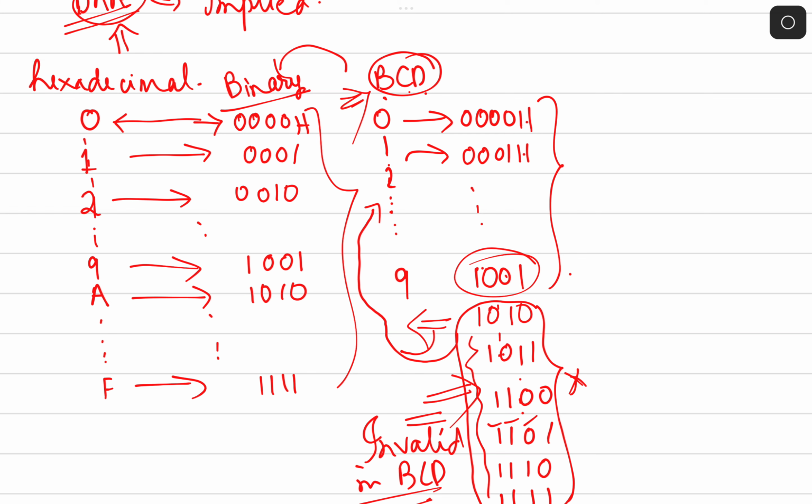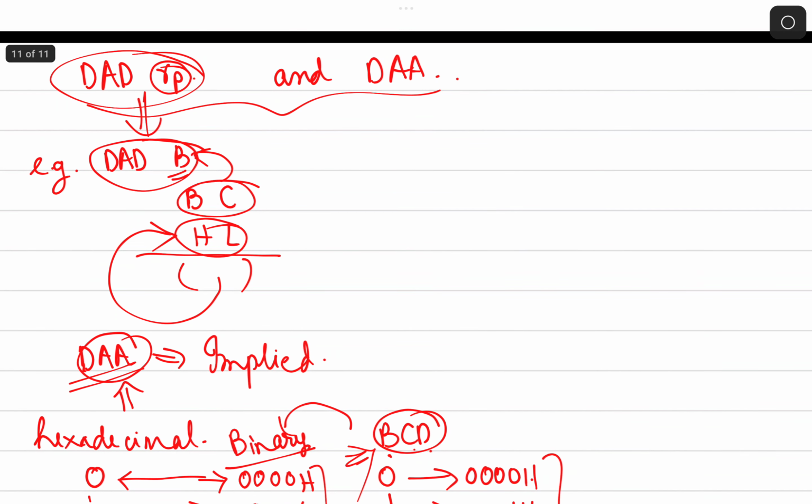Let's take an example. What we have to know is that this DAA instruction is used specifically for BCD adjustment.